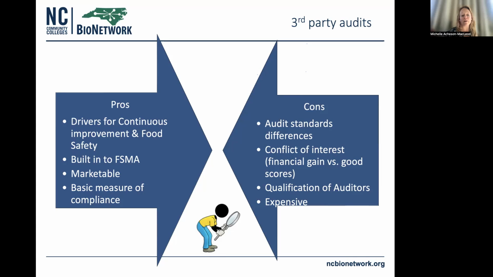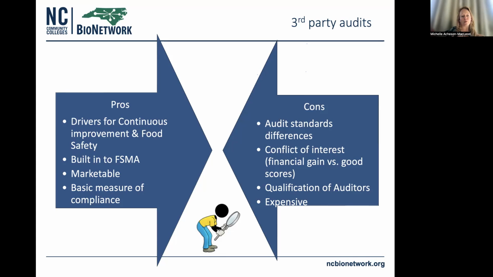So it's really driving continuous improvement in food safety. It is required by the Food Safety Modernization Act to do those third-party audits. It makes you more marketable. So if you get a certification like SQF, Safe Quality Food, that means that your customer knows that you're getting audited on a regular basis, that you're working on your quality programs. That means that you can sell to some of the big boys like Walmart or Subway.